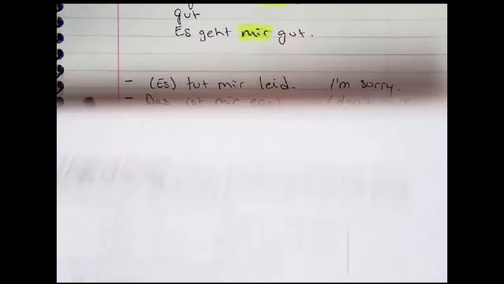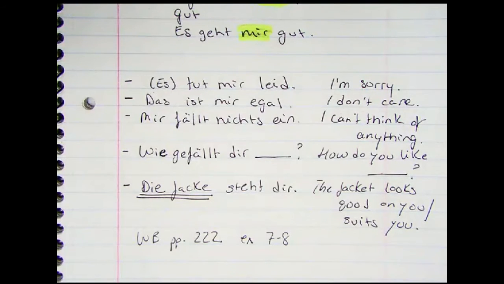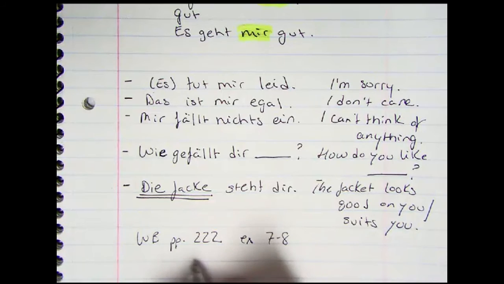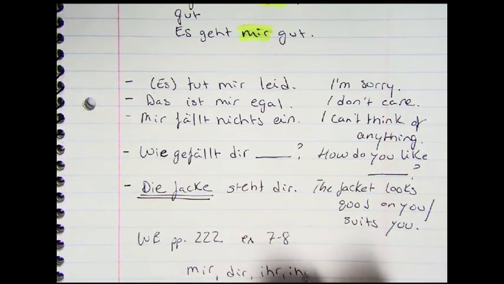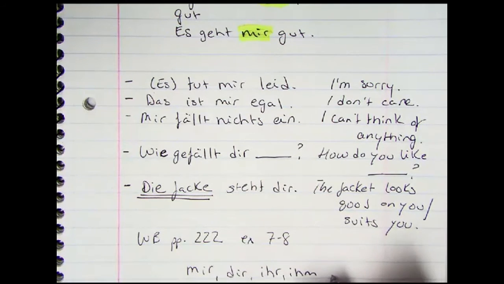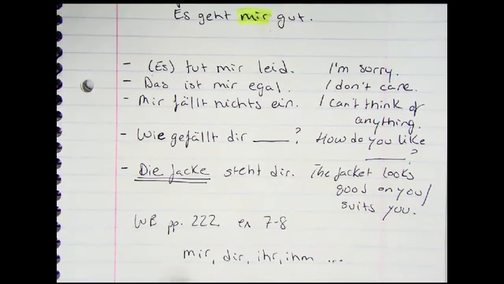So you're choosing which of the idiomatic expressions fits, and then you have to insert personal pronouns in dative case. Those personal pronouns, of course, were your mir, dir, ihr, ihm, right? All of those words, and of course there are plural ones too, but you have to pick which one makes sense.